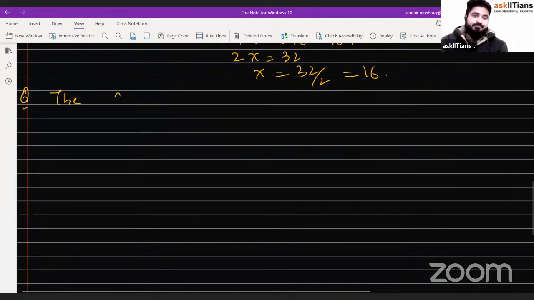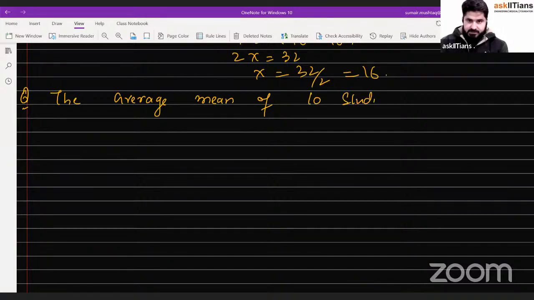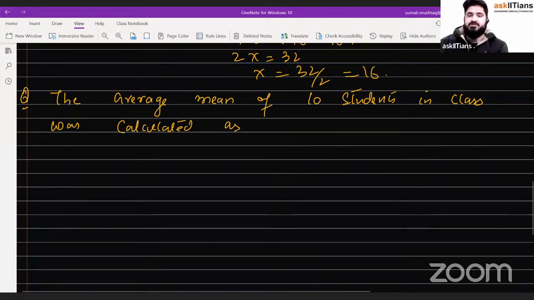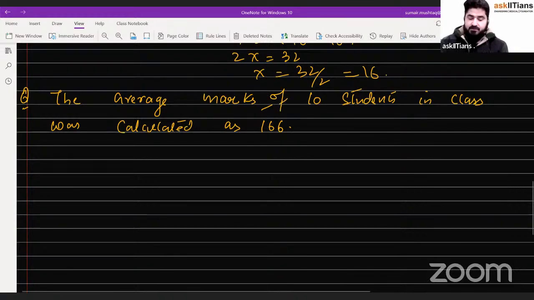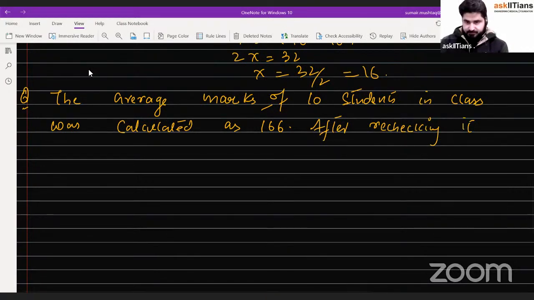The question is: the average marks of 10 students in the class was calculated as 166. Average itself means mean. Okay, their mean was calculated as 166. After rechecking, it was observed.